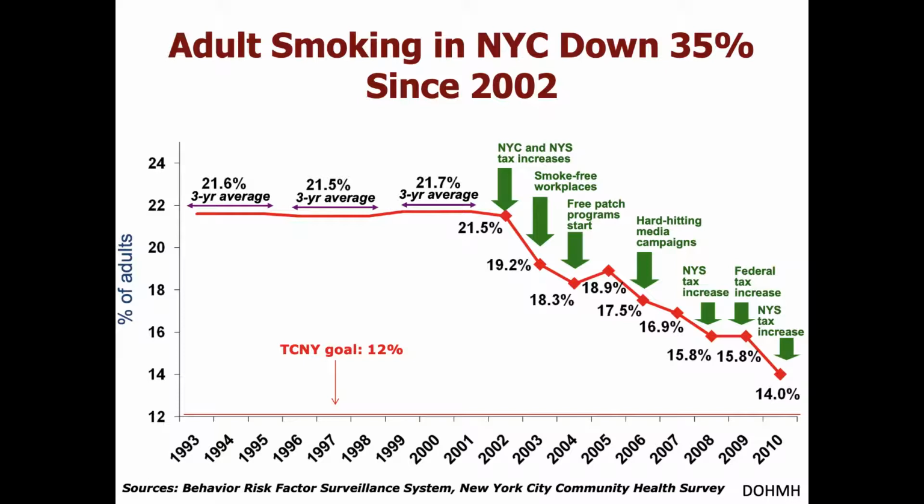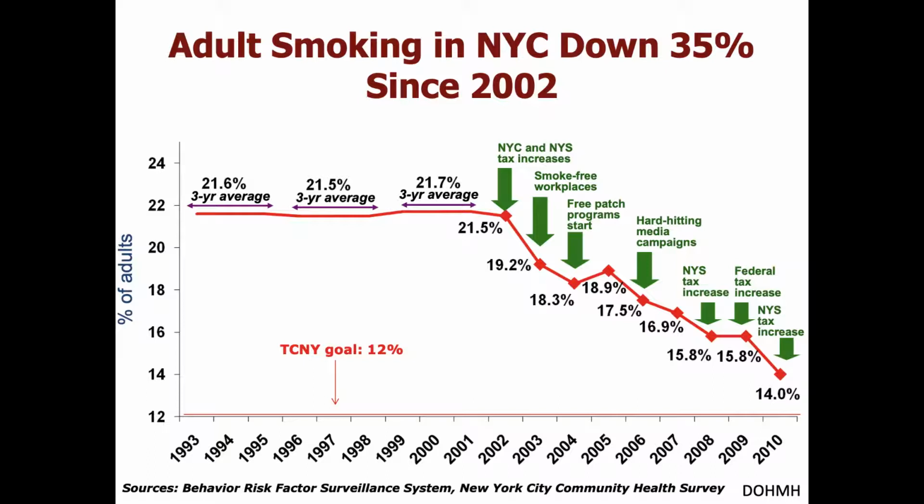This slide really summarizes well how surveillance data from the BRFSS and Community Health Survey can be used in health policy. The Take Care New York goal was to get the prevalence of adult smokers under 12%. We can see over time there was a pretty high prevalence up until 2000.